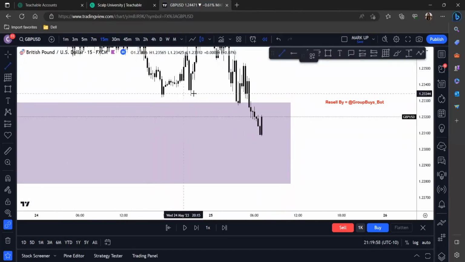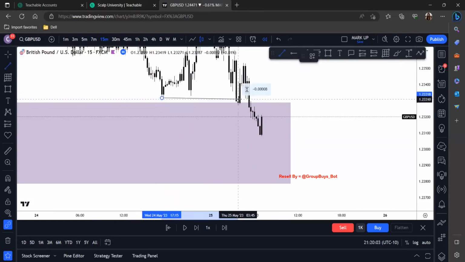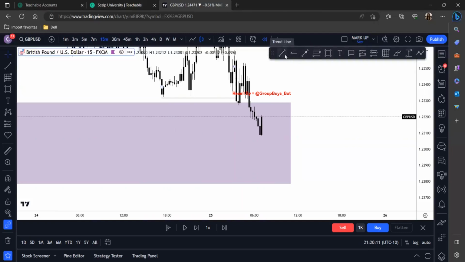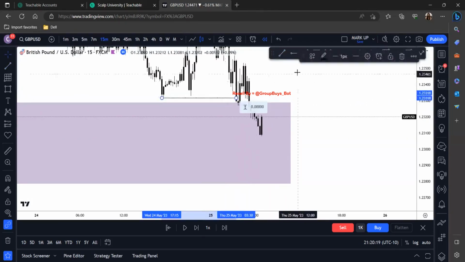Okay. We see that this was built up liquidity, and what had happened was price had just cleared liquidity right here. And this is something that we want to look for. We talked about how we know a low or a high is strong if price clears liquidity and it breaks structure. So we see here that price had already cleared liquidity, and what we're waiting for next is a break of structure, which we obviously already have right here.